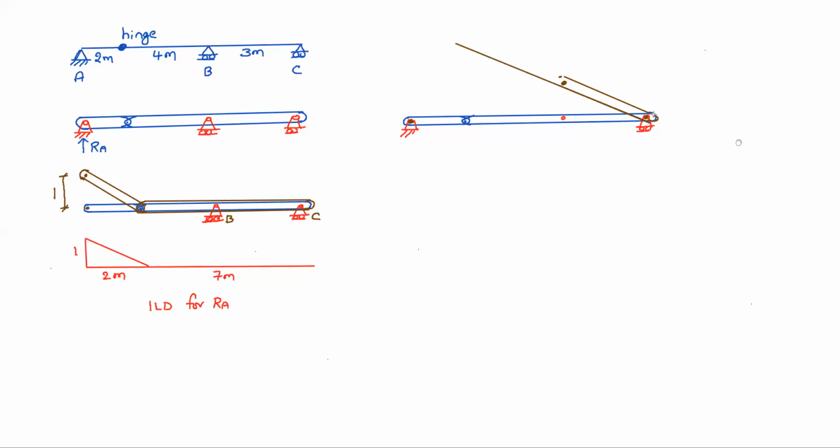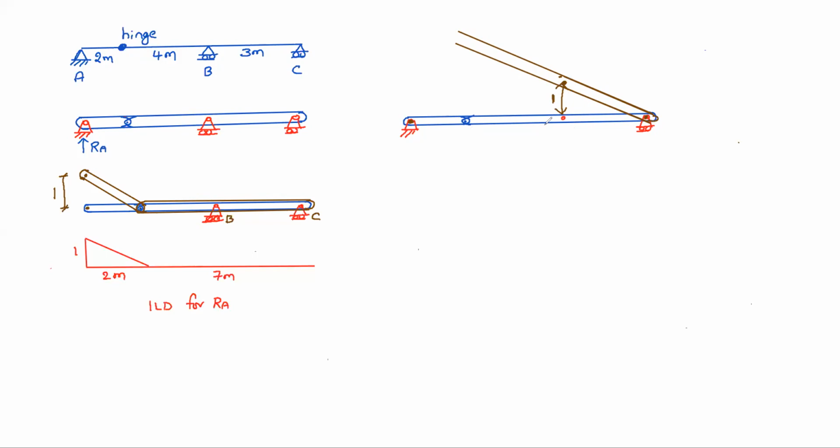The profile will continue like that, because it cannot be bent in between. The clue is very simple for us. Here it takes 1 unit displacement. From hinge to C, it is a straight beam.